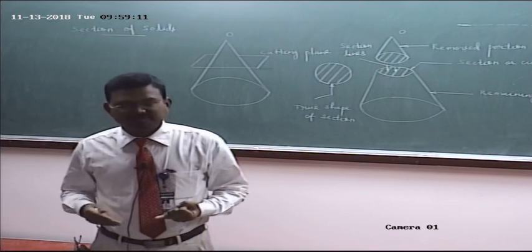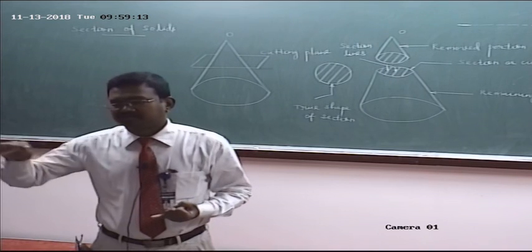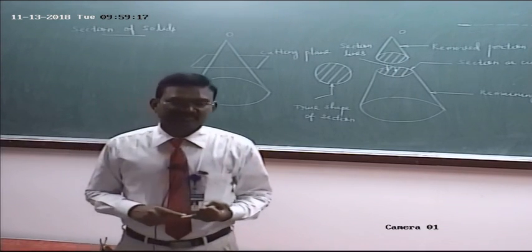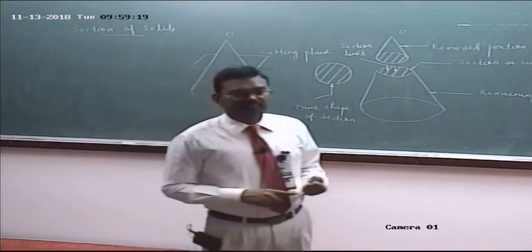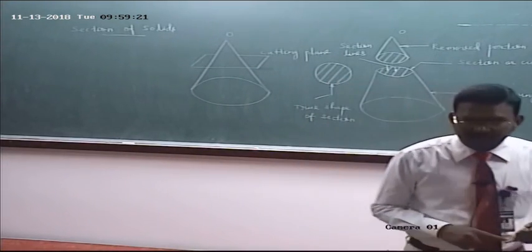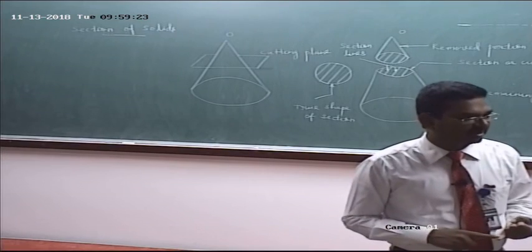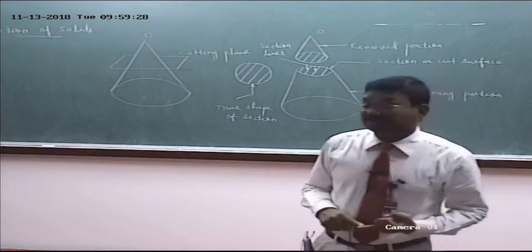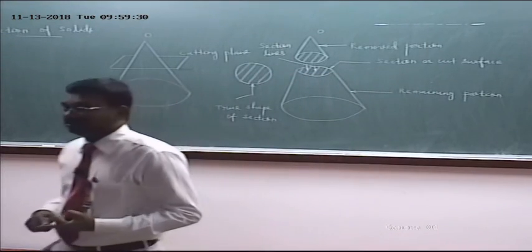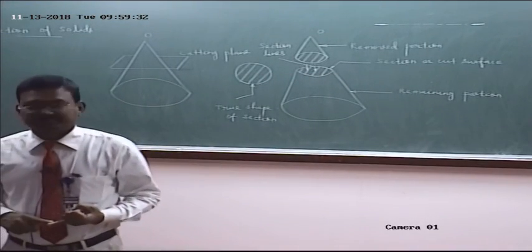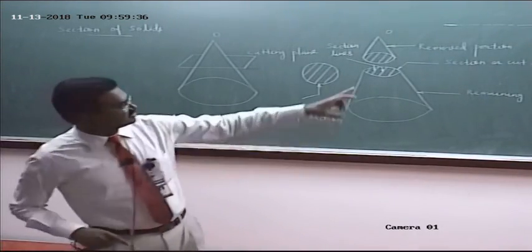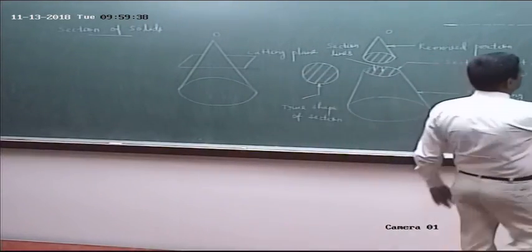For our convenience, we use the cutting plane to cut the object suitably. How to place it? Perpendicular to any one of the reference planes and parallel or inclined or perpendicular to the other. How to represent it? Long chain, thick at ends and thin elsewhere. So the first term, cutting plane or section plane, is over.